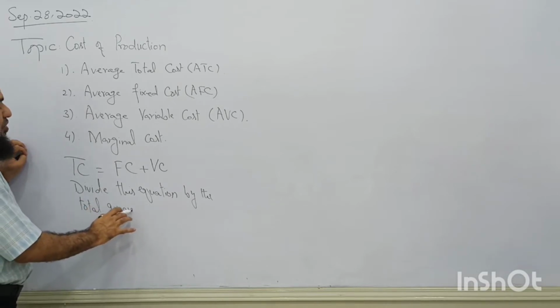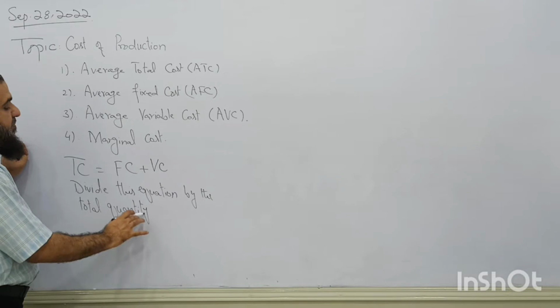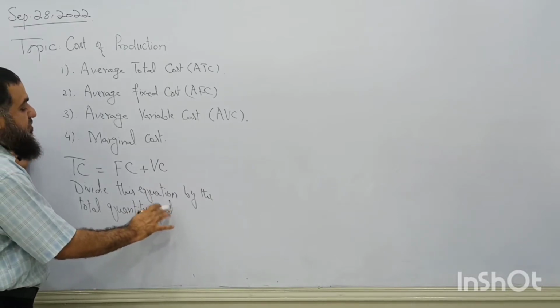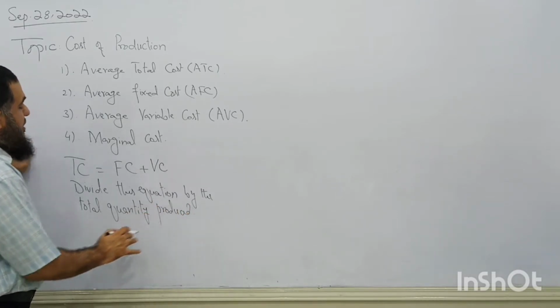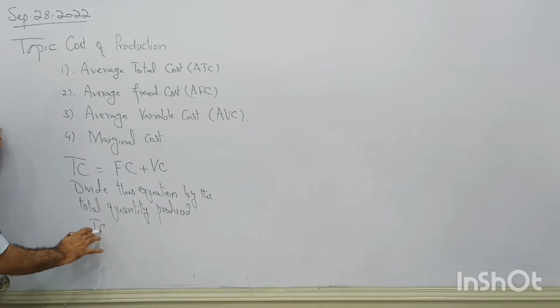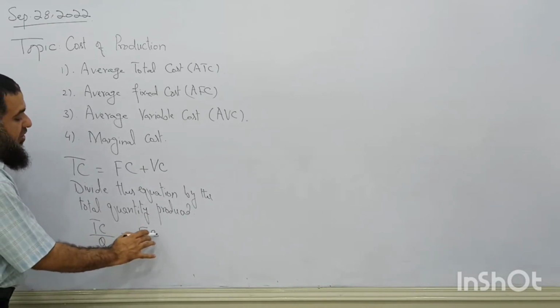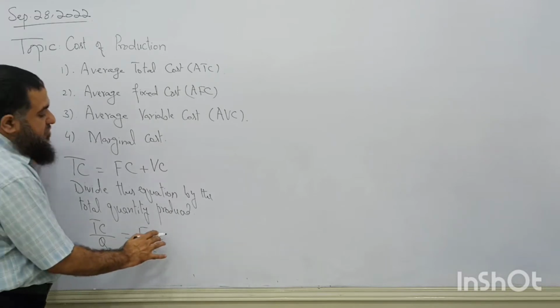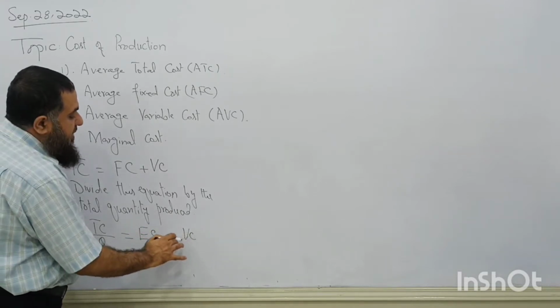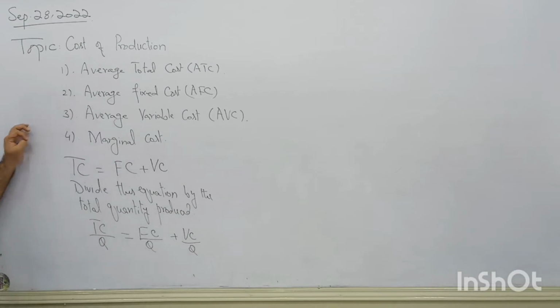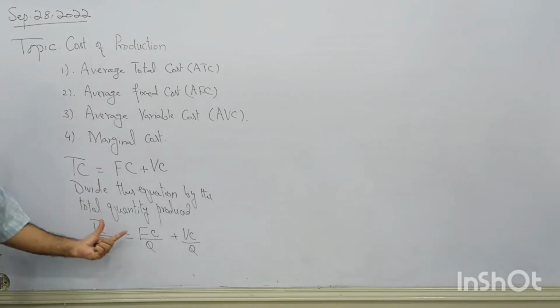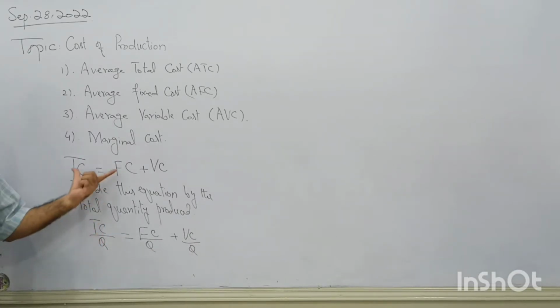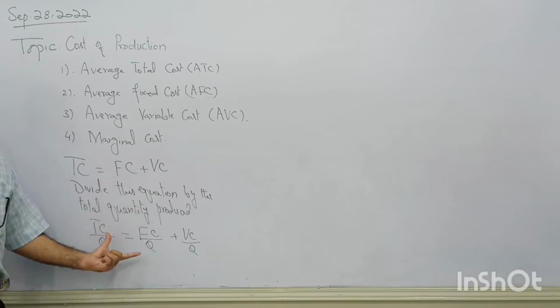Total cost divided by quantity produced, fixed cost divided by quantity produced, plus variable cost divided by quantity produced. Whatever the output is produced, we have divided this equation by that output.